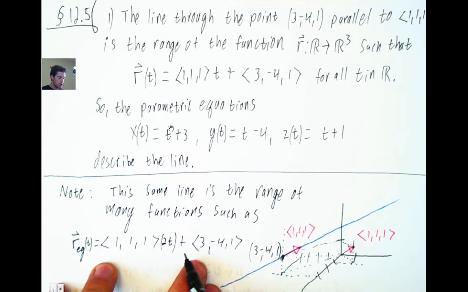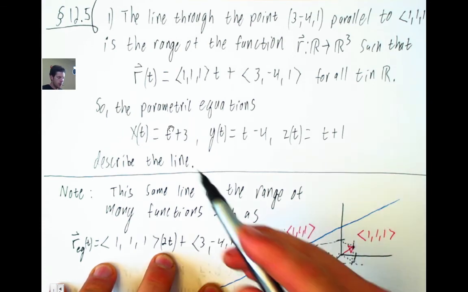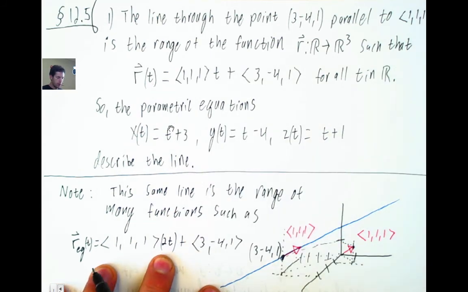Imagine this: when t is 0, you start at (3, -4, 1) right there. And then as t increases, you move in the direction of (1, 1, 1), but you move twice as fast as regular r does. Our example here would simply move in the direction of this red arrow twice as fast, and would move in the negative direction for negative values of t twice as fast. So there are many, not just these two, but many different vector-valued functions of one real variable that have the same range.